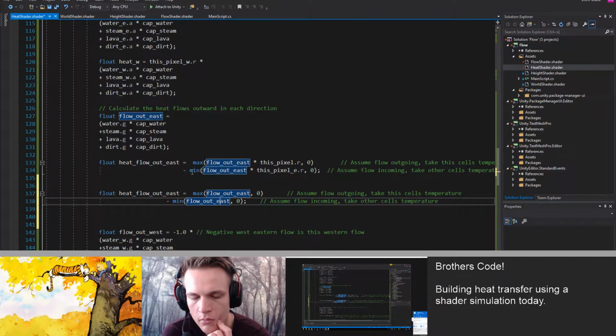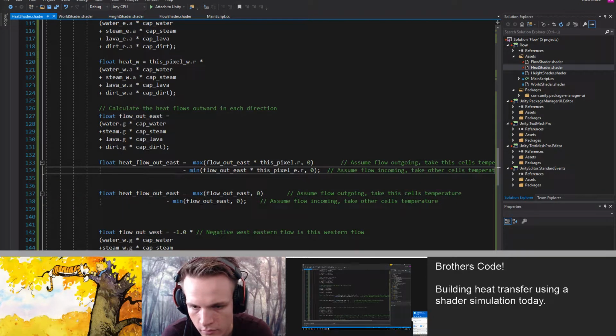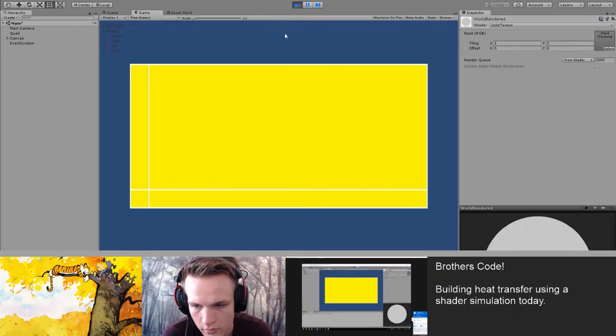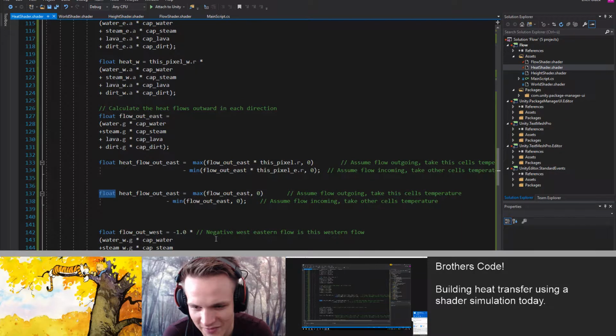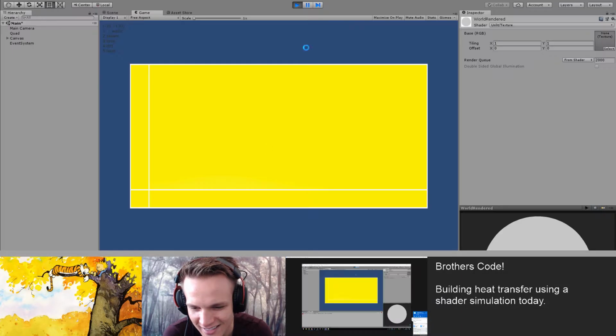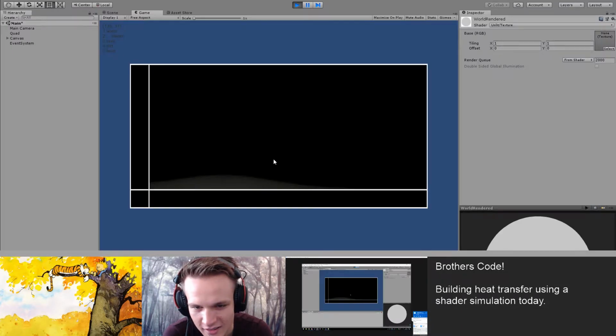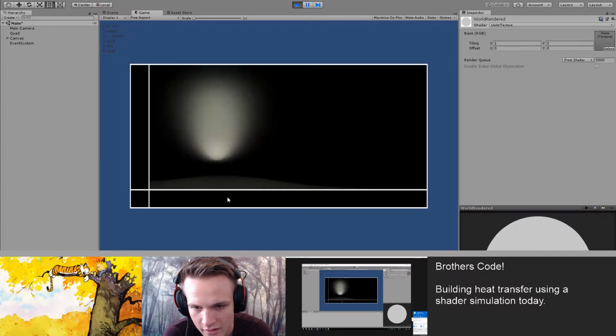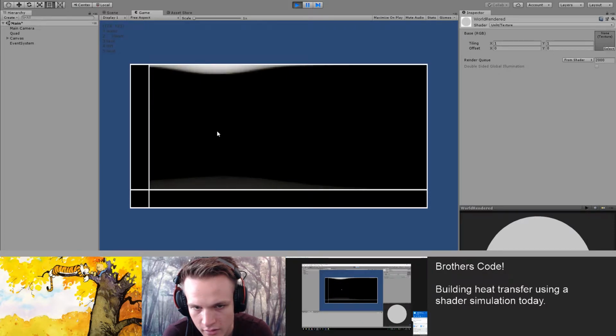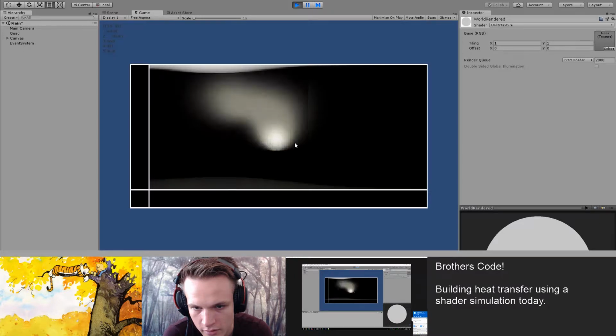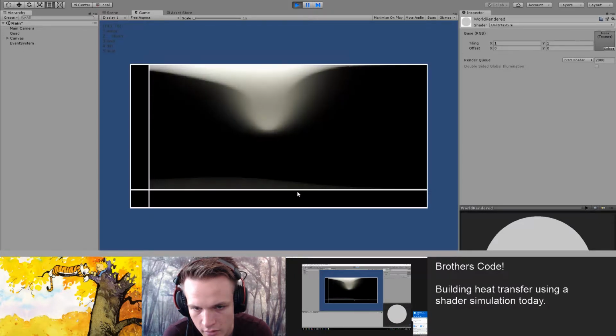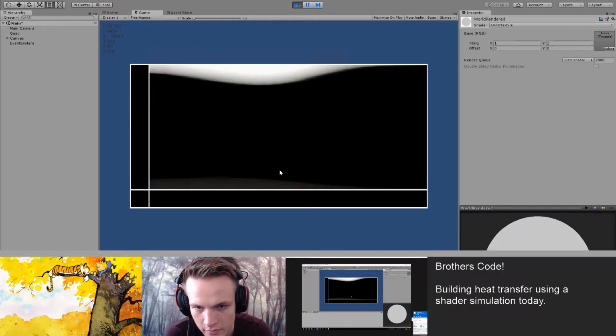Wait a minute. No, because this is green, right? Oh, it's giving you, yeah, you just need to take the second float there. So if it flows to the east, this is hard because it flows north-south.